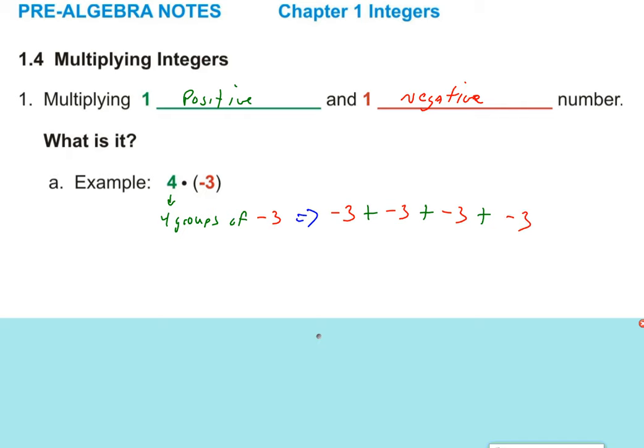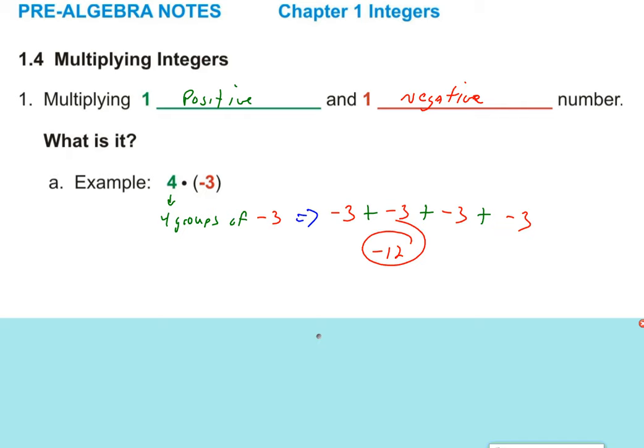Right? 4 groups of negative 3. Does that make sense? So now let's add it. What's negative 3 plus negative 3 plus negative 3 plus negative 3? Negative 12, right? We end up with 12 negatives, which we know to be negative 12.